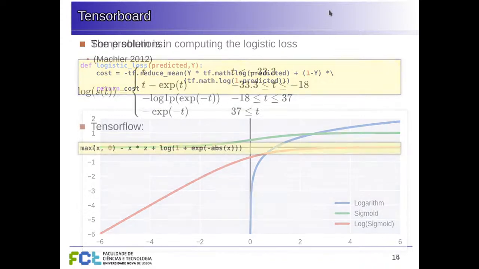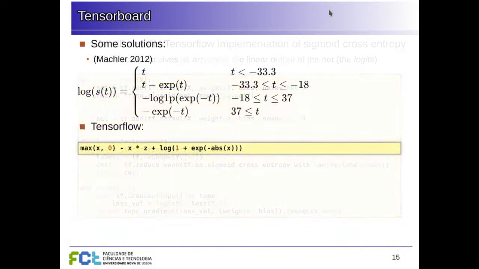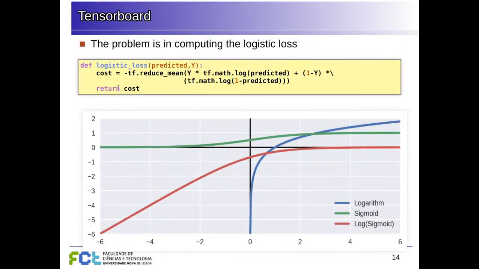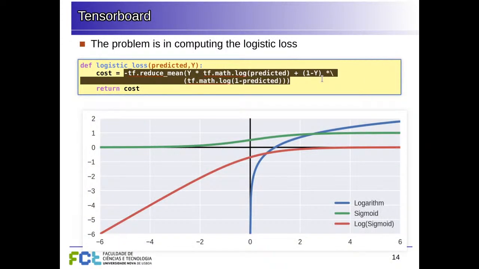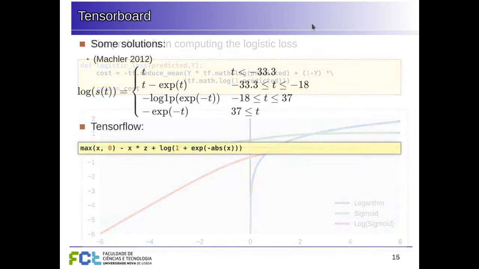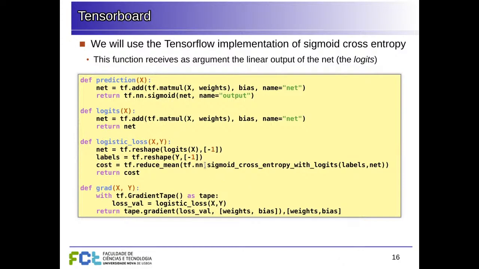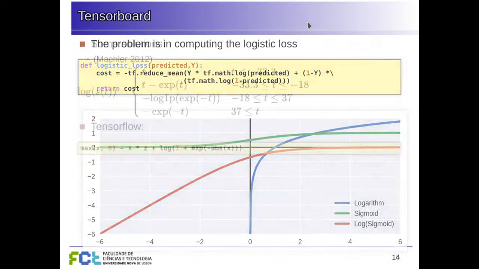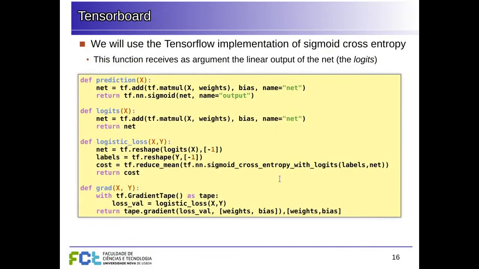So what does this mean in practice? We don't really need to look at these details, but in practice it means that instead of computing the logistic loss like this for ourselves, we can use the sigmoid cross entropy with logits, which is this one here, from the TensorFlow implementation.